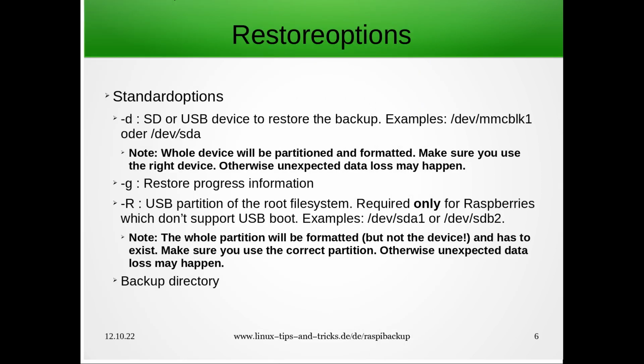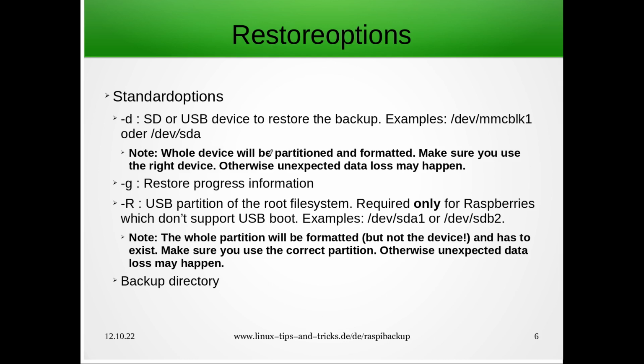Well, there are not many restore options for raspiBackup. There's -d. There you have to define the device to restore the backup to, which is either an SD card if you have an SD card backup, or a USB device if you restore a USB boot backup.